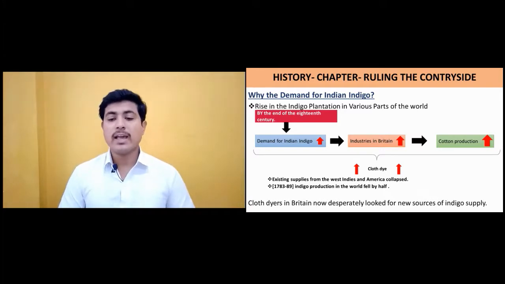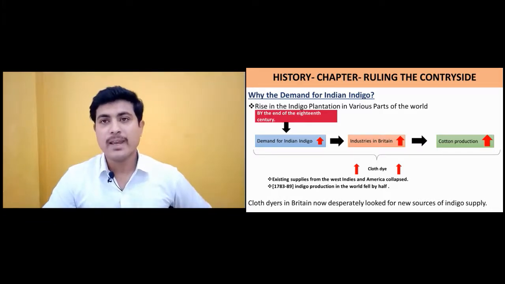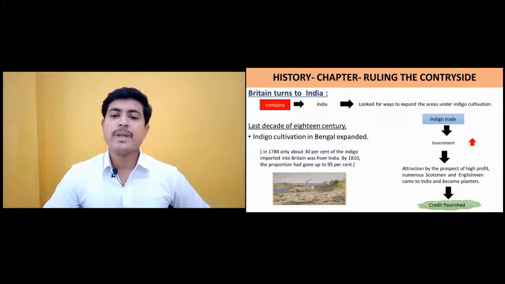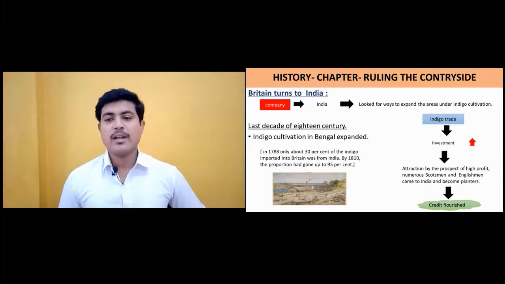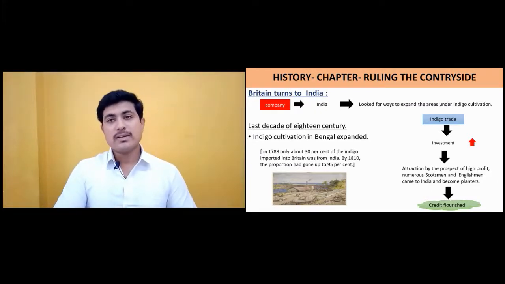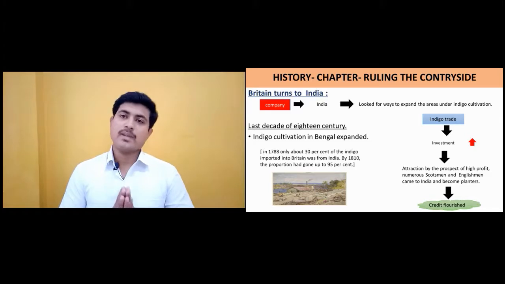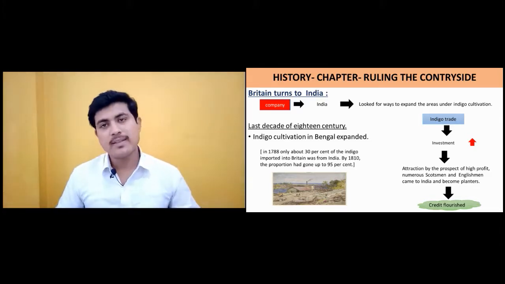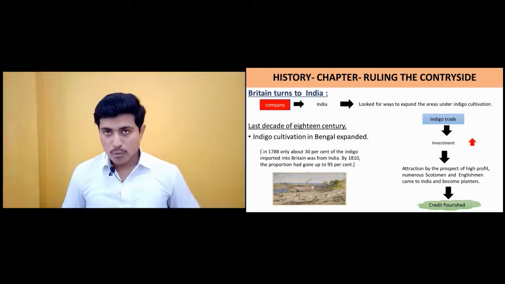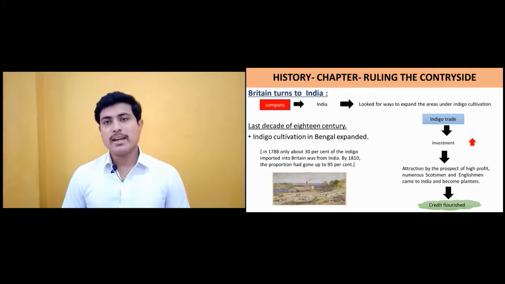Cloth dyers in Britain were now desperately looking for new sources of indigo, and what happened? They turned to India, and started investing in India. Scotsmen and Englishmen came to India to become planters. They started growing that crop in India.